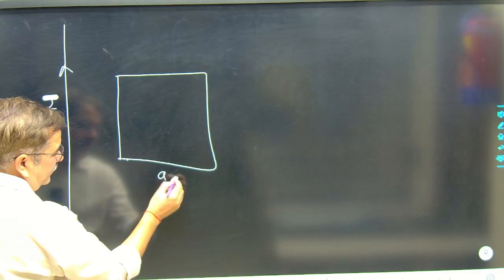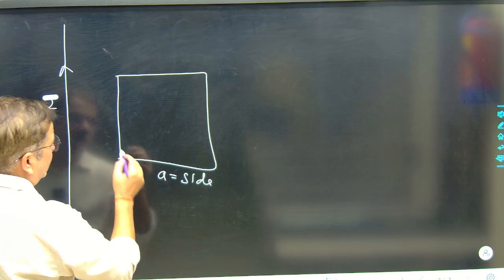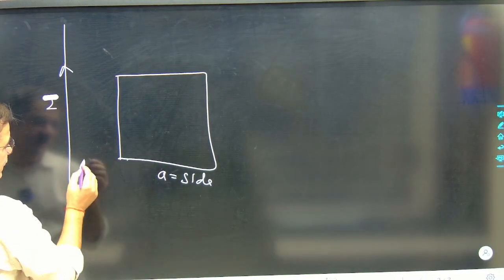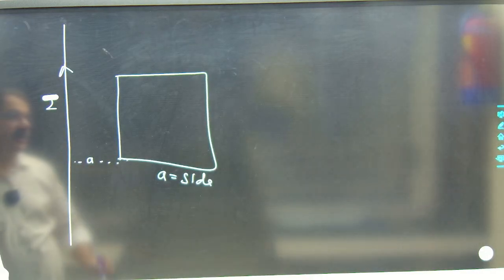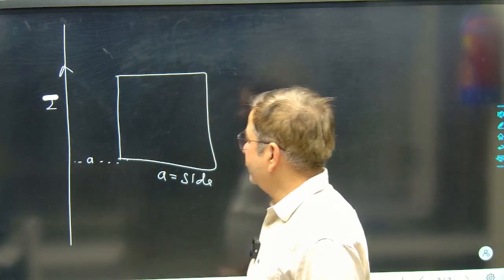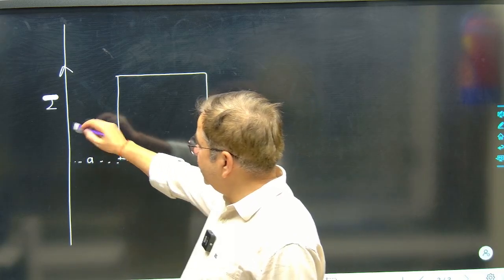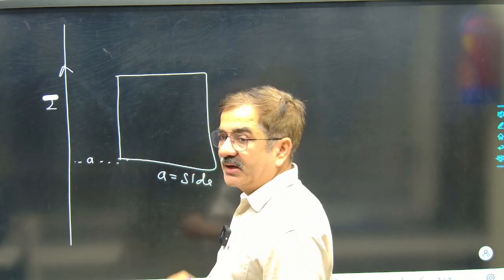The square loop has side length A, and one side is at a distance A from the wire. For this arrangement I can find the self inductance: if current is changing here, an induced current will appear.